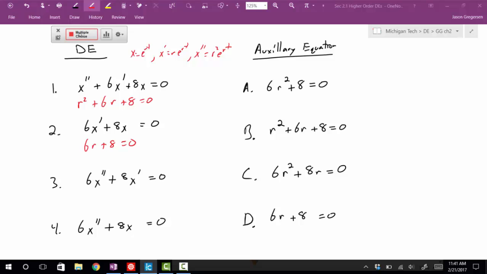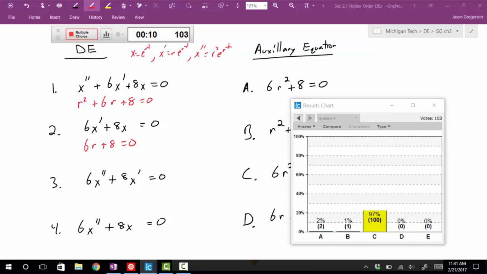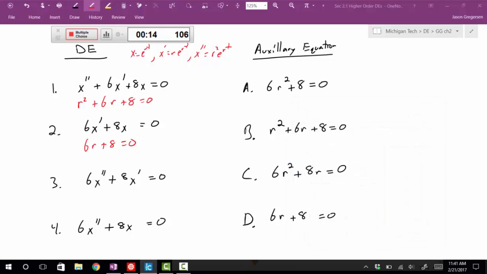We look at the next one, number 3. We see what we got here. Very confident C. We have 6r double prime, so 6r squared plus 8r equals 0.